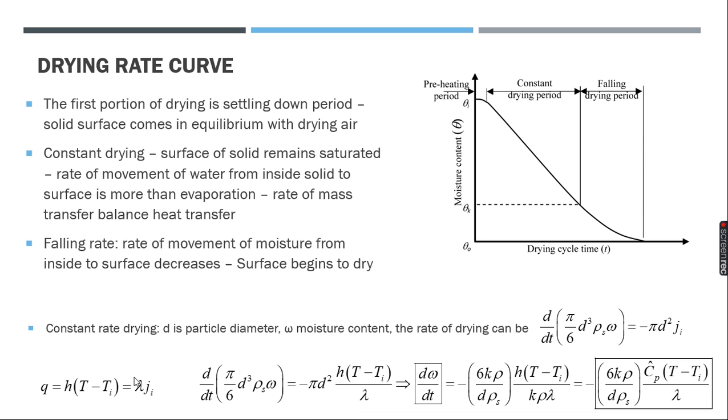So lambda is a proportionality constant which relates to the amount of heat transfer. If I plug it here and take the derivative, we will have d omega by dt, the change in moisture content, and we can simplify and find that this is going to be proportional to T minus Ti. So d omega by dt is a function of the temperature gap between these two.